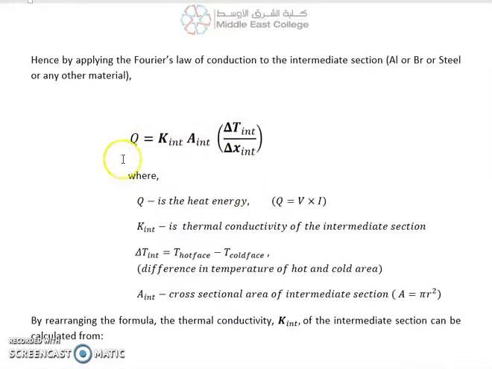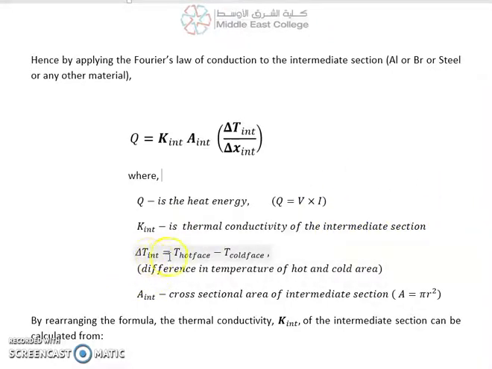Then this is the main equation. Heat energy Q is equal to V into I. So the formula is Q = K_int × A_int × ΔT_int / ΔX_int, where int means intermediate. K_int is the thermal conductivity of the intermediate section.